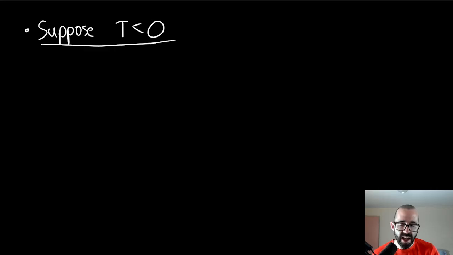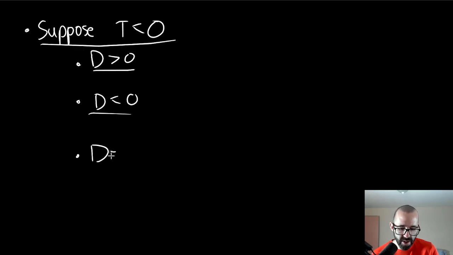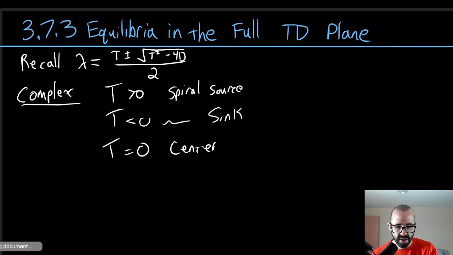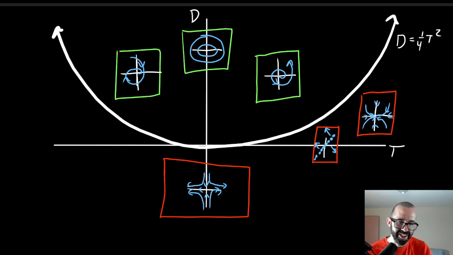I highly recommend you pause the video and figure out: what happens if d is positive? What happens if d is negative? What happens if d is equal to 0? Short answer is it's going to be very symmetric, as we might expect.